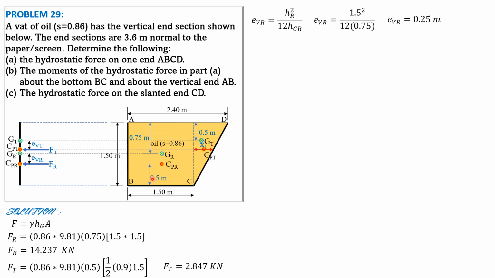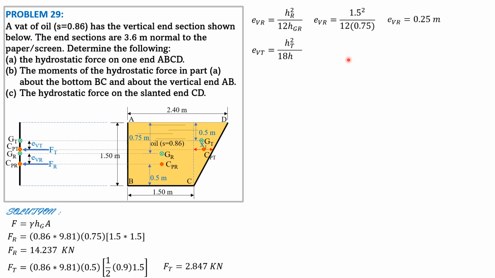Or in short, 1/3 of 1.5, because the surface of oil is exposed to the atmosphere. As I said, the pressure distribution on that rectangular area is triangular. So the line of action of FR is 1/3 of the height of the rectangle, or 1/3 of the height of the pressure distribution, which is triangular.